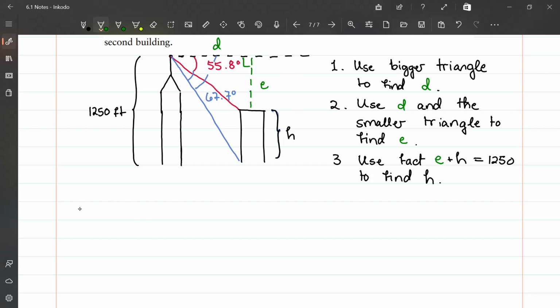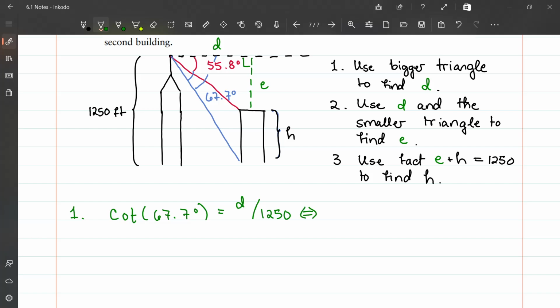In other words, to do step one, I observe that cotangent of 67.7 degrees is equal to D, the length I want to know, divided by this whole side length, which is 1250.